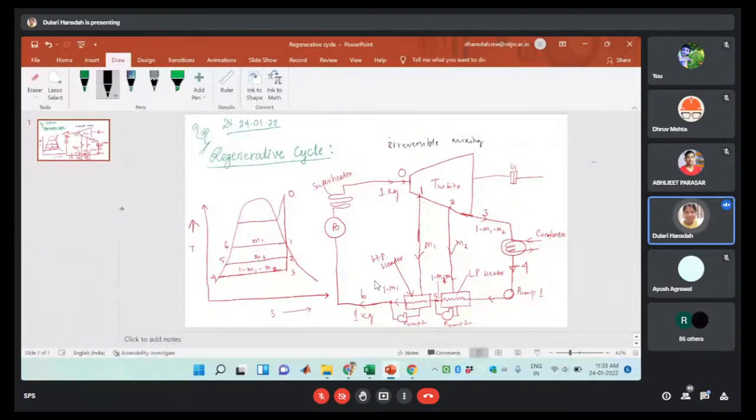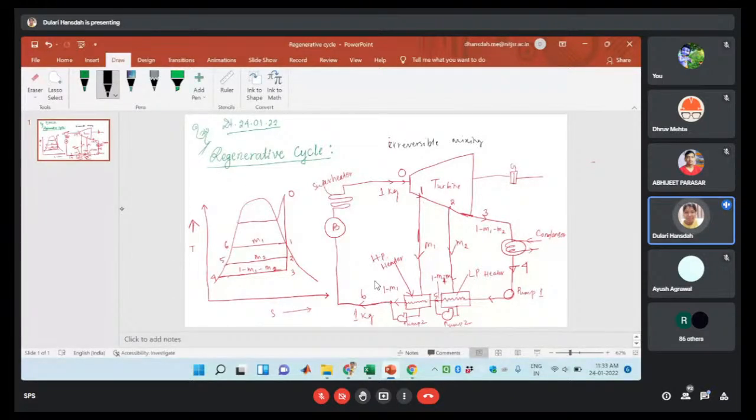Because of that, the condensate and water will not mix properly. Also, there will be some heat loss when the condensate mixes with the boiler water, because that method of mixing is an irreversible process.